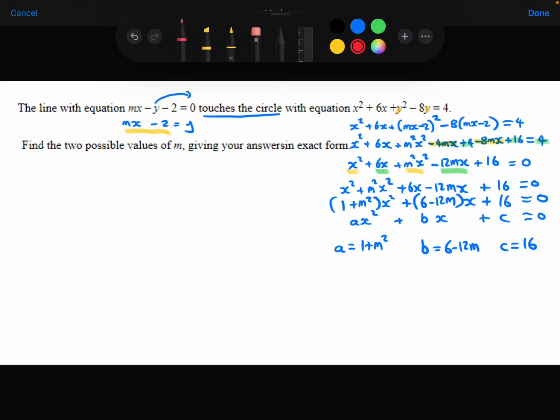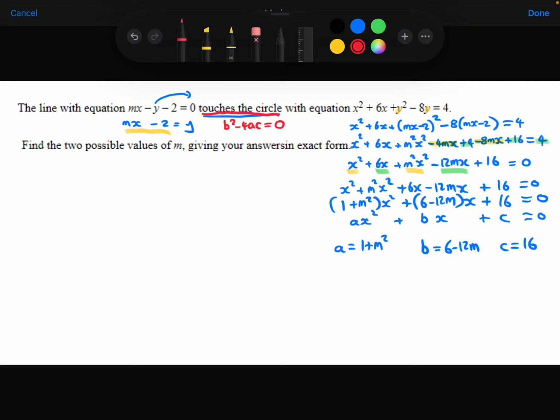Now this discriminant that I've been talking about, I know that it's going to equal 0 because the fact that it touches the circle means there's only one solution. If it said intersecting twice, there'd be 2 solutions and I'd make the discriminant positive. If it said doesn't touch the circle at all, I'd know there's no solutions, so I'd make the discriminant less than 0.